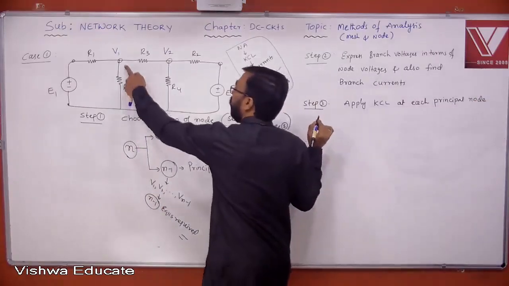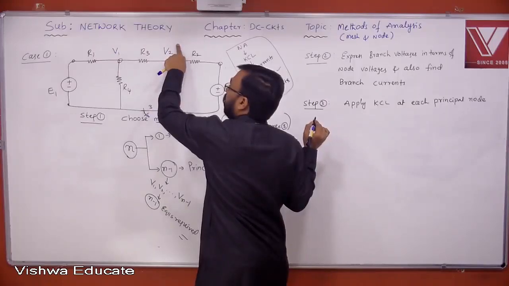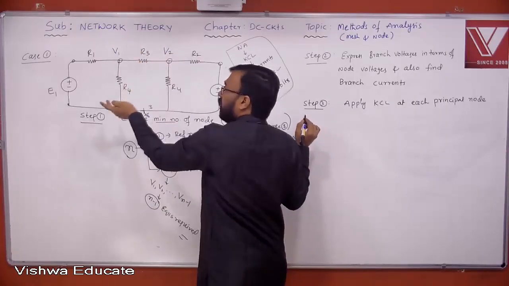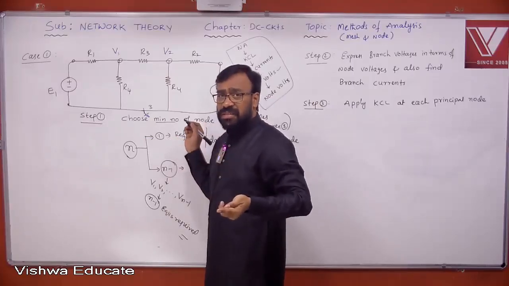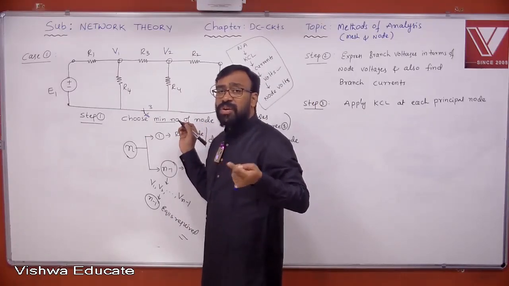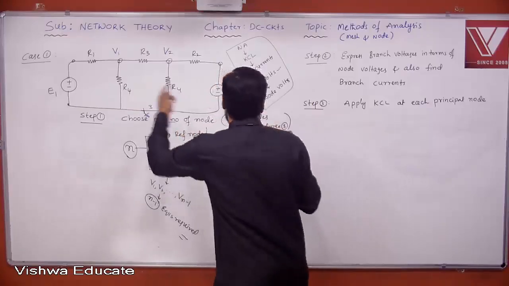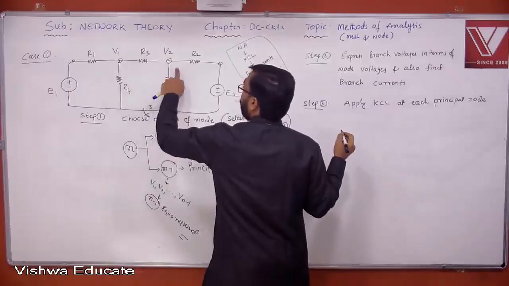Wherever you have a variable, node variable, what are the node variables? Definitely voltages. What are the loop variables in mesh analysis? Currents. Loop variables are loop currents. Node variables are node voltages. So therefore, apply KCL at each principal node. That means here and here.